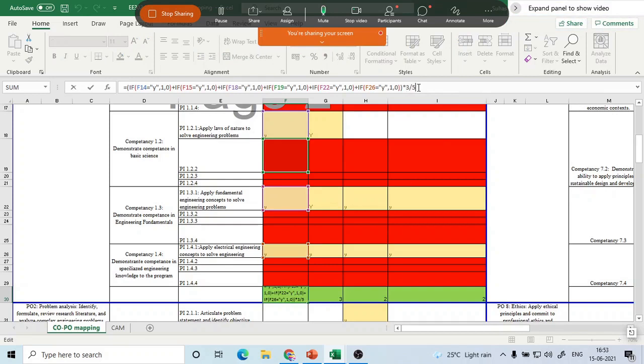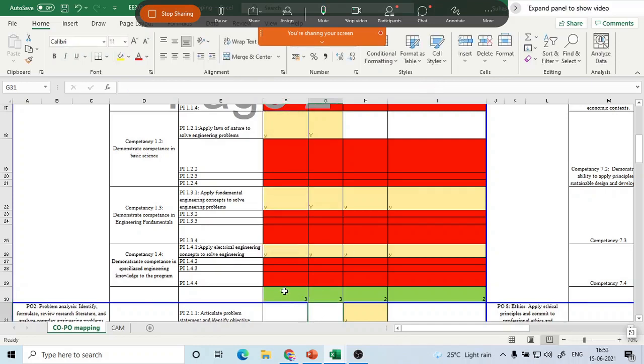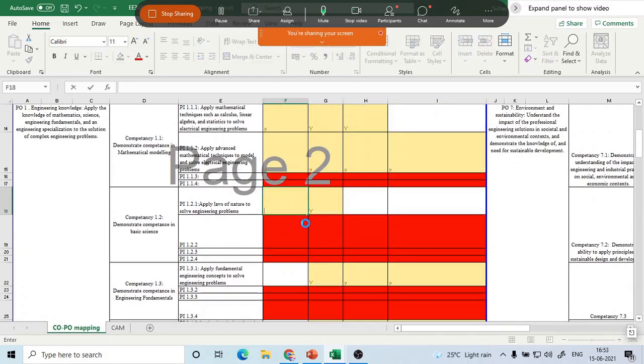If I take 1 by 5, it becomes normalization, and I get 0 to 1. Then if I multiply with 3, I will get either 3 or 2. If all are yes, I will get 3. If one is not yes, I will get 2, and for 2, it will take an average of this.